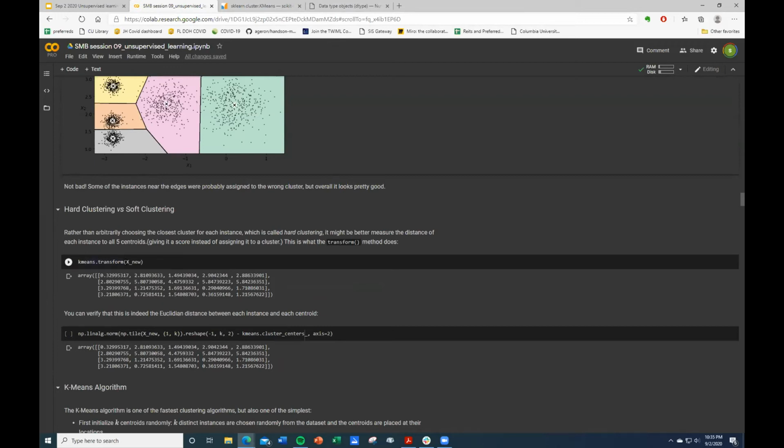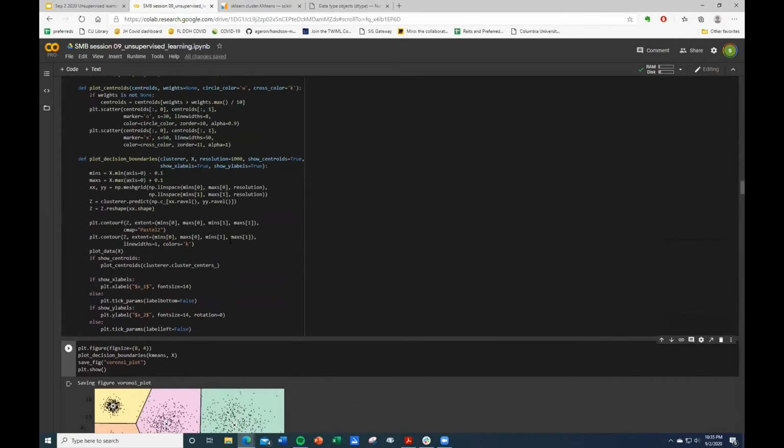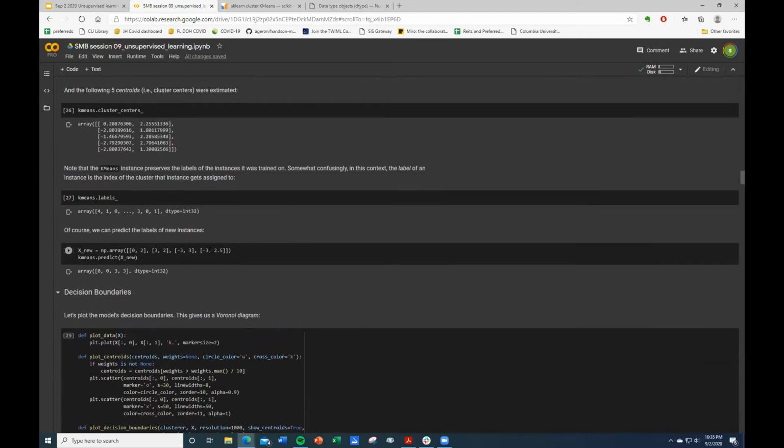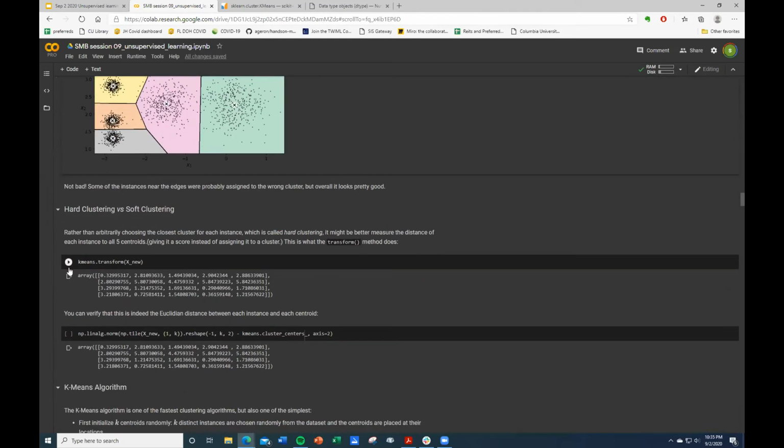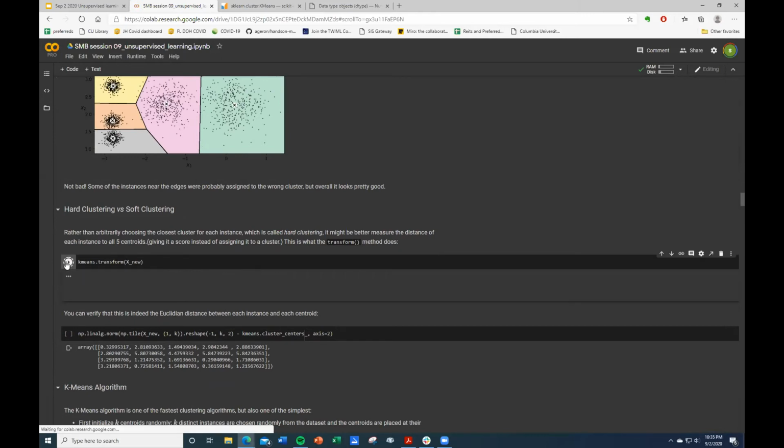And he's transforming X new, and X new is these four values that we gave the algorithm here. So we're going to transform these new ones and see what the distance is to all 5 of the centroids.